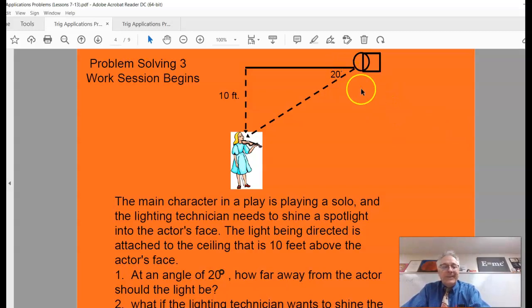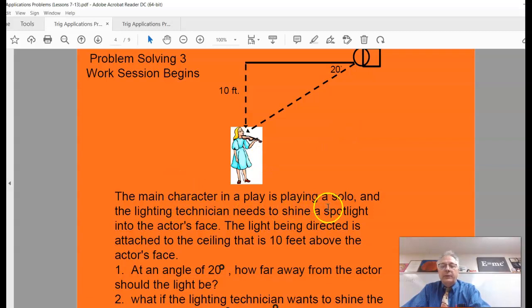It says, the main character in a play is playing a solo, and the lighting technician needs to shine a spotlight into the actor's face. The light being directed is attached to the ceiling that is 10 feet above the actor's face.